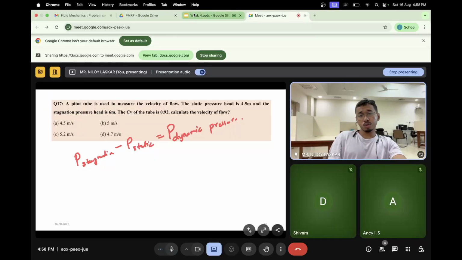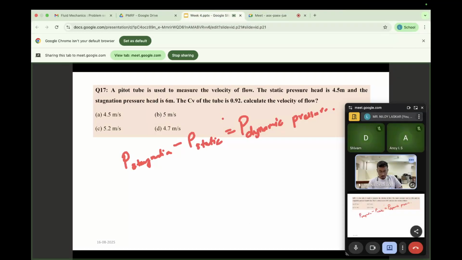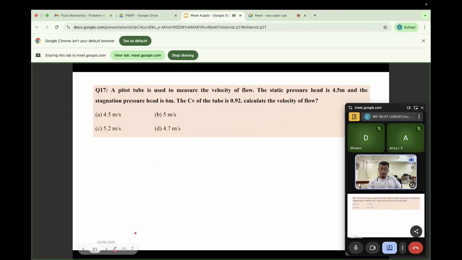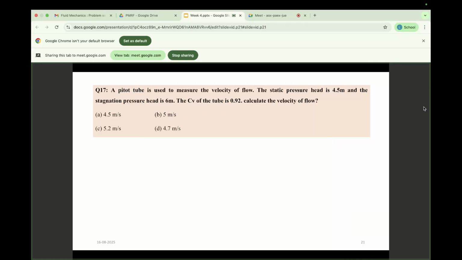So okay, I'm solving this one for you. Just have a look at what exactly this concept is.